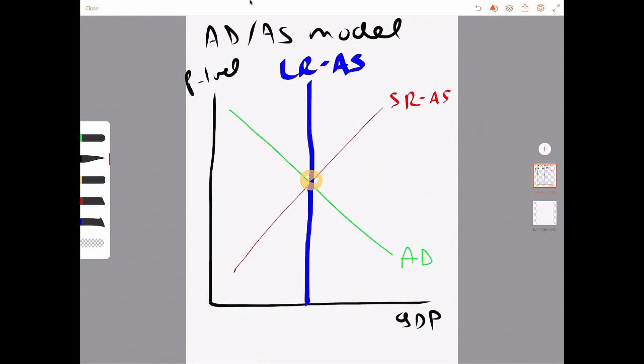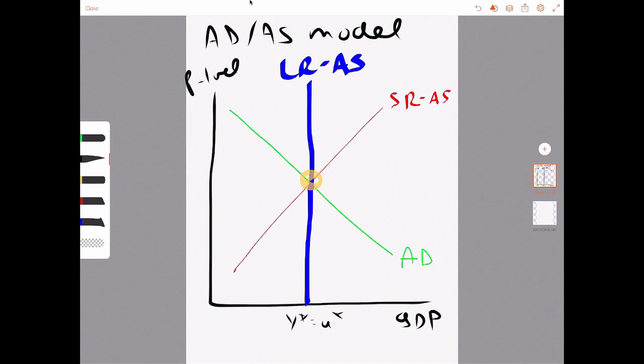And where all three of those lines cross, we are at the natural rate of output, that Y star, and remember that is equal to the natural rate of unemployment. So everything is right with the world here. Everything is in equilibrium. This economy moves towards that equilibrium point where we have the natural rate of output.